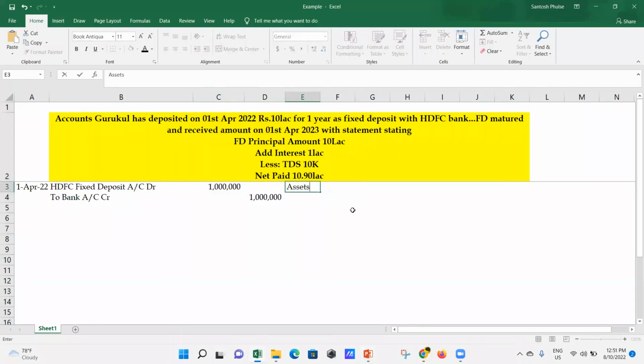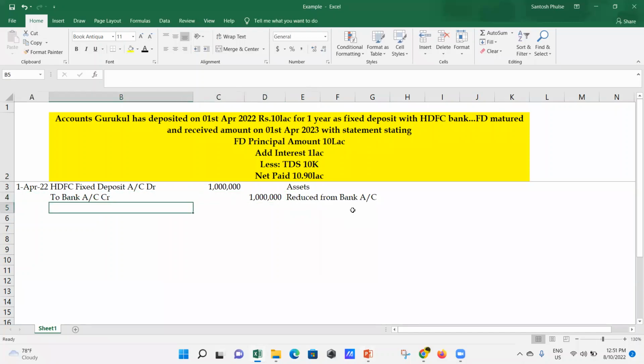SDFC fixed deposit is going to be parked in current assets, and this bank account is going to reduce the balance from our bank account. This is being the amount deposited for FD. So the SDFC fixed deposit account is debited for 10 lakh, and to bank account 10 lakh. So money is going out from our bank.